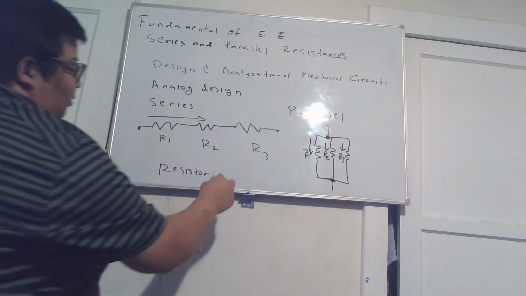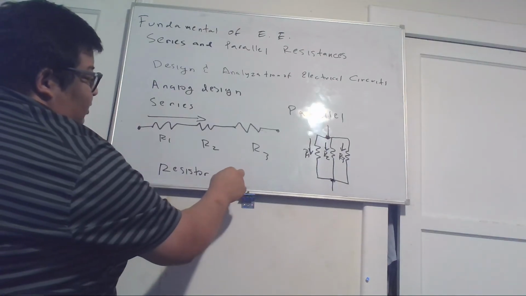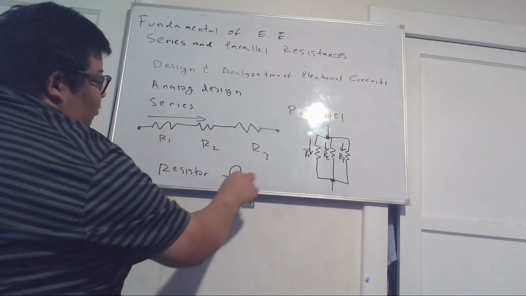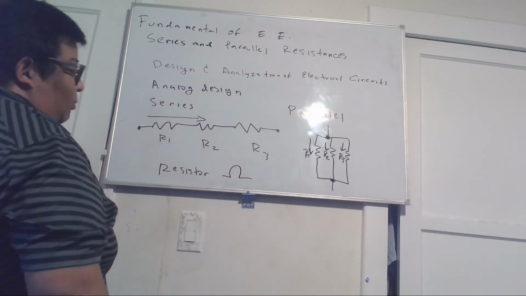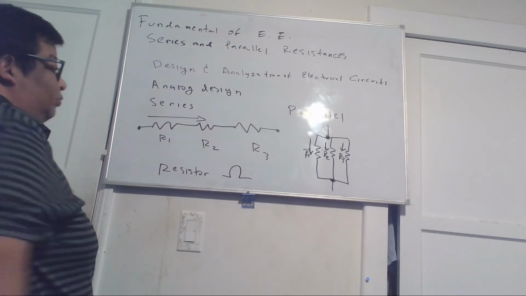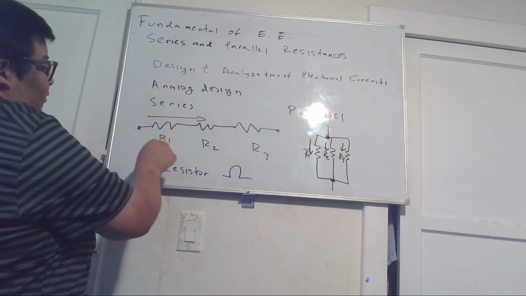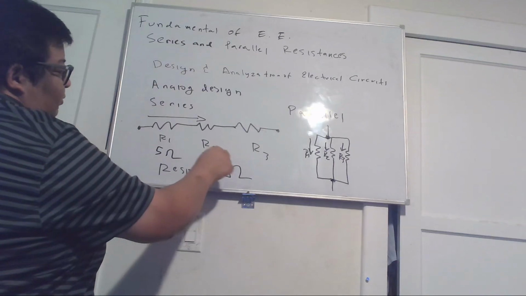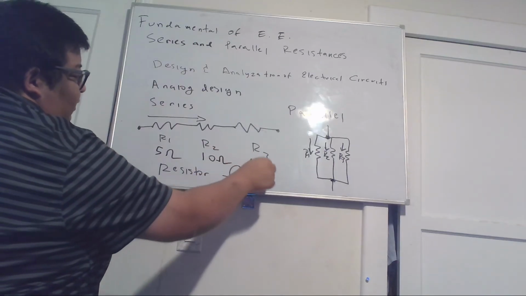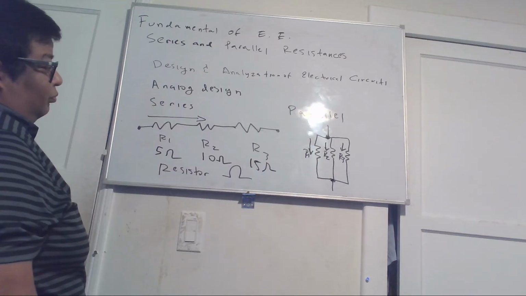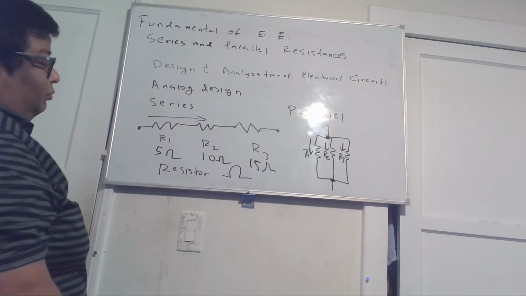And resistance is denoted with the Greek letter omega. So this could be 5 ohm, 10 ohm, 15 ohm. Same thing over there.